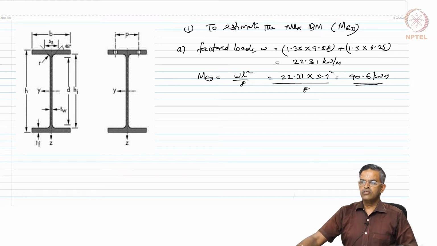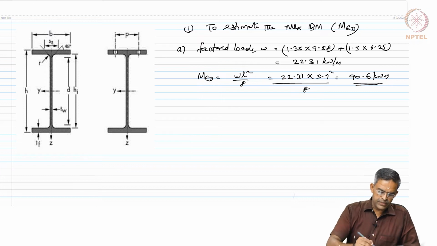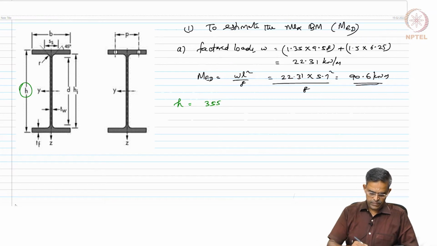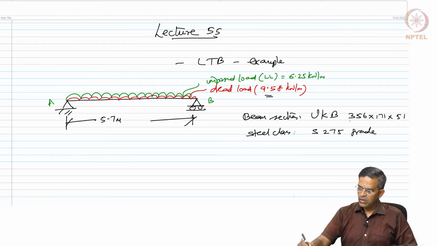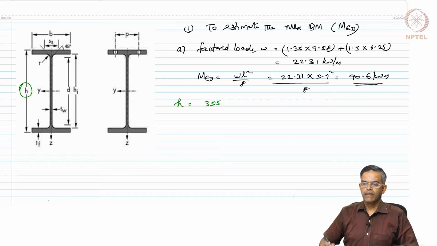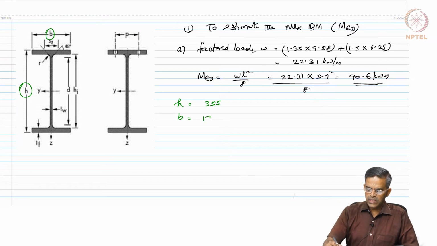Now, for the section shown on the screen, the properties are like this. H is 355, that is why the section is called 356. B, which you see here, is 171.5, these are all millimeters, friends.